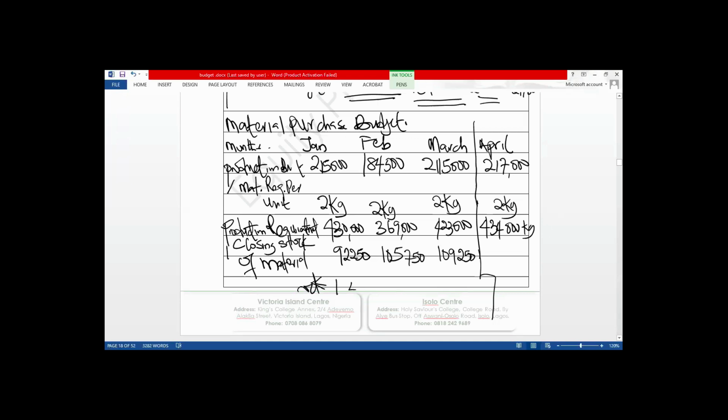I can use this to calculate material used for production cost. That is the cost of material used for production. If you are preparing your profit, it is not the cost of material purchase that matters. What is the cost of material used for production? That means I need to do some work here again.